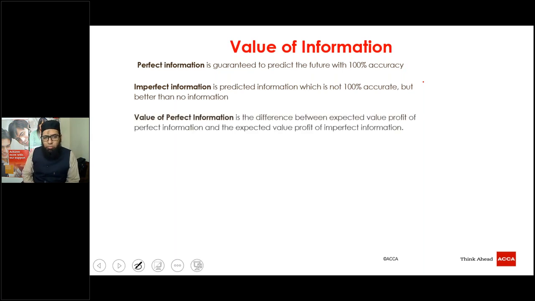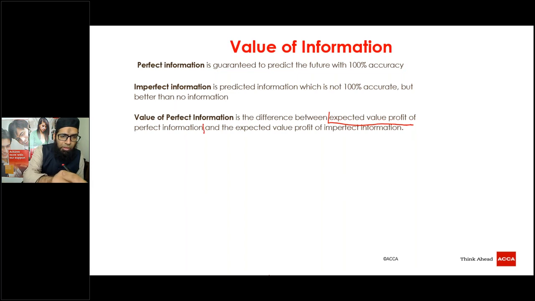Now, value of perfect information. The value of perfect information is the difference between the expected value of profit of perfect information and the expected value of profit of imperfect information. So that means we have to calculate the expected value of profit of perfect information first.